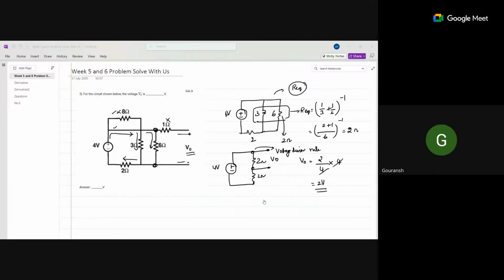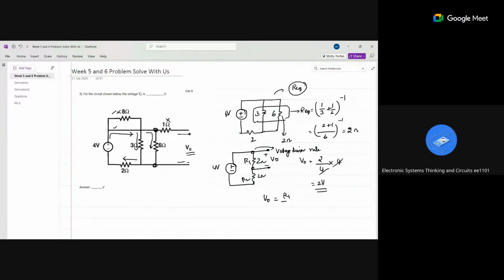Excuse me, ma'am. Yes. Ma'am, can you please explain the last step on the voltage division rule? How do you apply that? So I am going to find the voltage across this 2 ohm resistor. My V output will be equal to this resistor R1, and I'll take the other as R2.